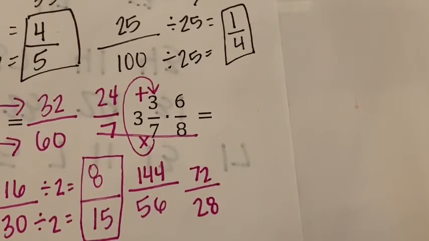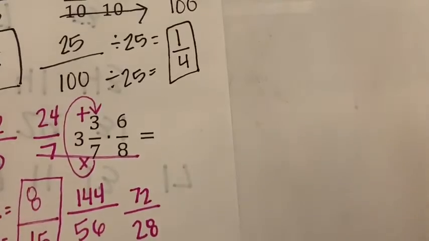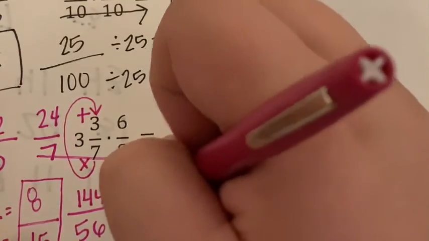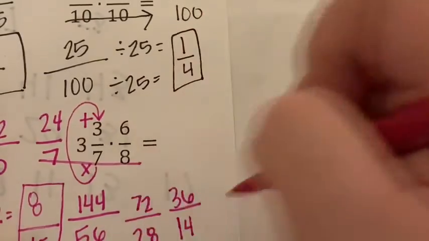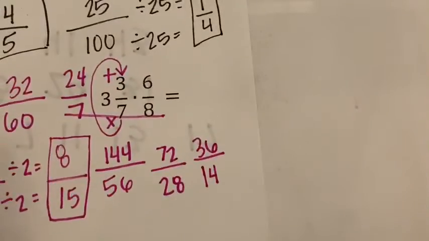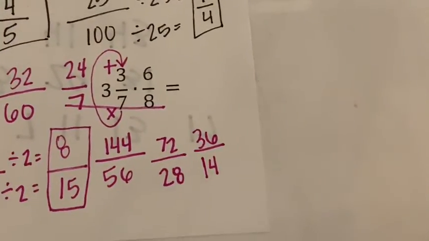72 divided by 2 is going to give us 36. 28 divided by 2 will give us 14. 2 again, right? 36 divided by 2 is 18, and 14 divided by 2 is 7.